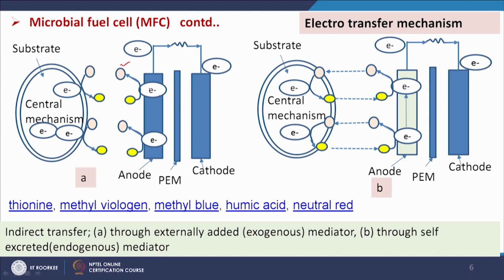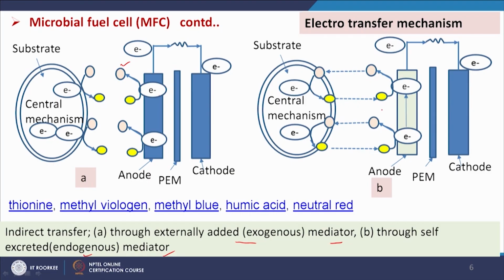So, this way, some material which we add externally to increase the electron transfer is an external mediator. That is indirect transfer through an externally added mediator, and through a self-excreted endogenous mediator is also there. Here, the mediator is generated by the cells, carries the electron, releases the electron at the anode, comes back, and takes the electron again.